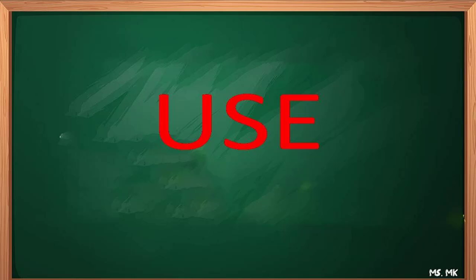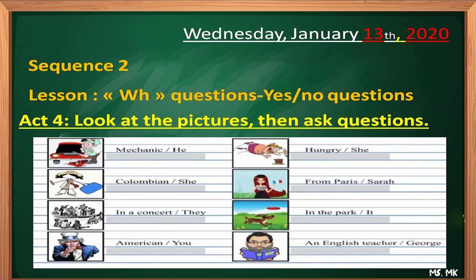Then you move to the use phase. Here in the use phase, you are really free. I just gave you an idea and then you're going to adapt or adopt this activity the way you want. I'm going to give my pupils pictures, of course handouts containing these pictures, and they're going to look at the picture, read the words and ask questions. If you want to integrate who in the activity, or you do it as a homework, or you just want to insist on who and you leave yes or no question for another activity.